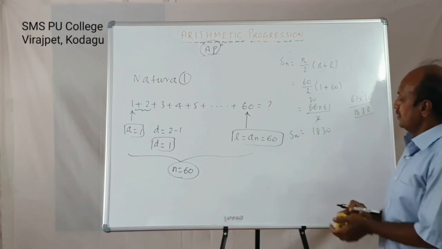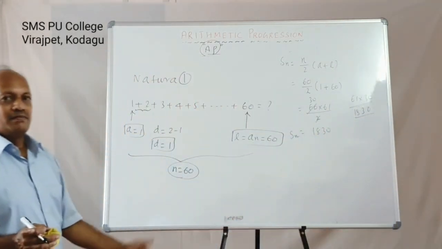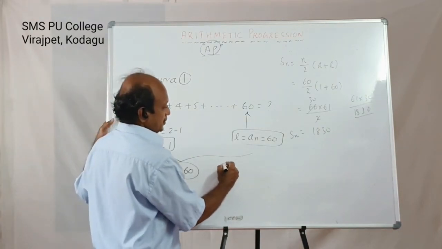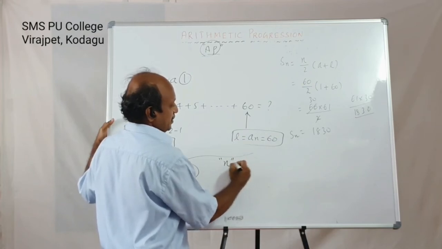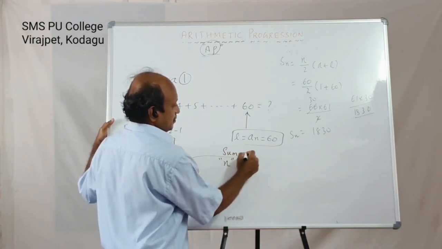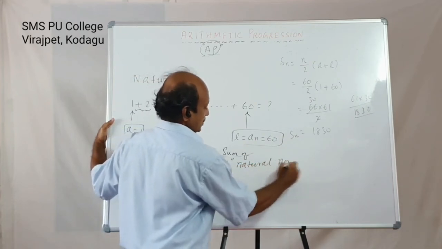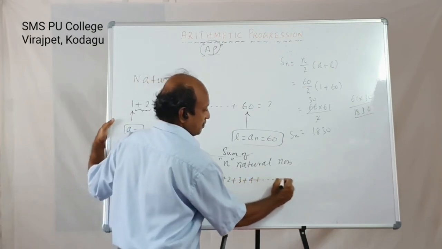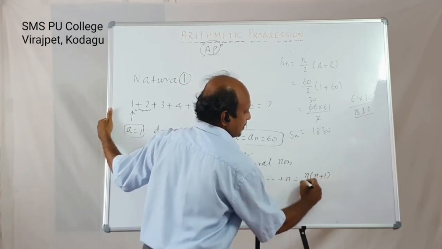So instead of finding the value of a, the value of d, and other things, if the terms are natural numbers, the sum of n natural numbers, that is 1 plus 2 plus 3 plus 4 up to n, you can make use of this formula: n into n plus 1 by 2.